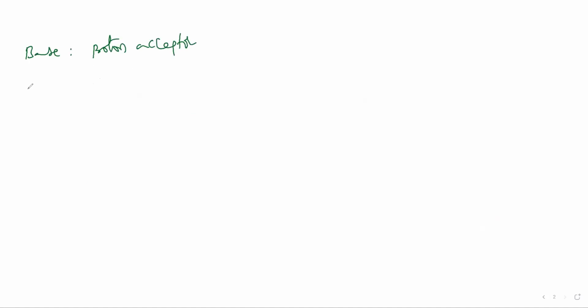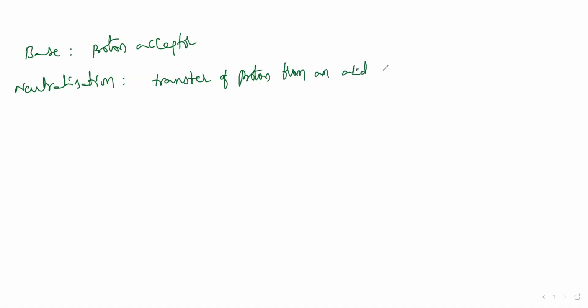And according to Bronsted, what is neutralization? Transfer of proton from an acid to base.